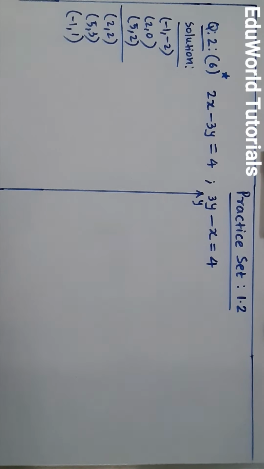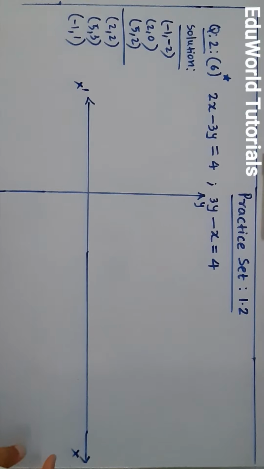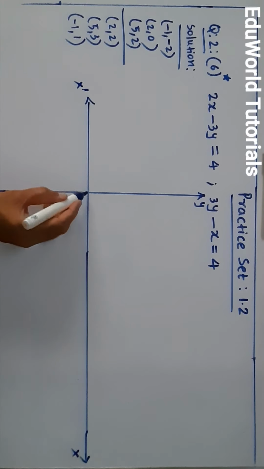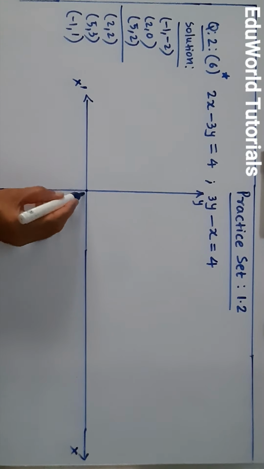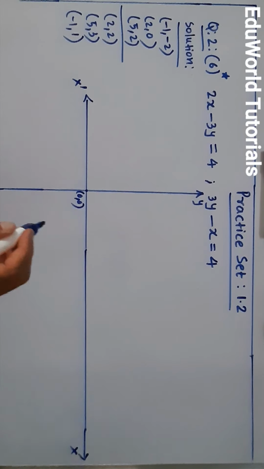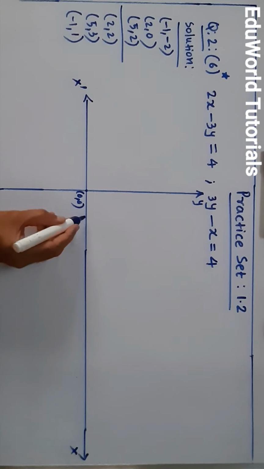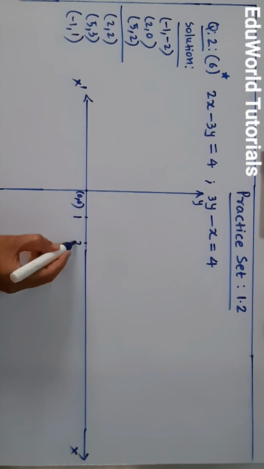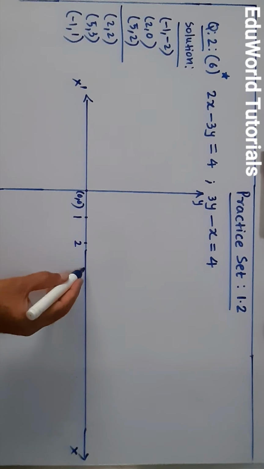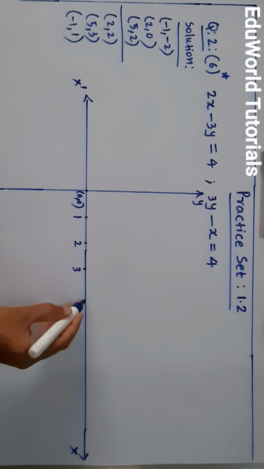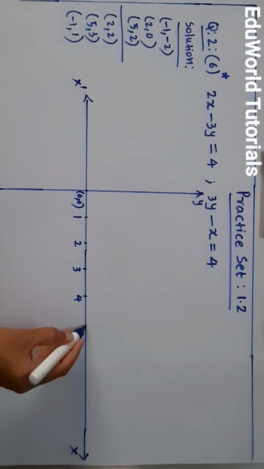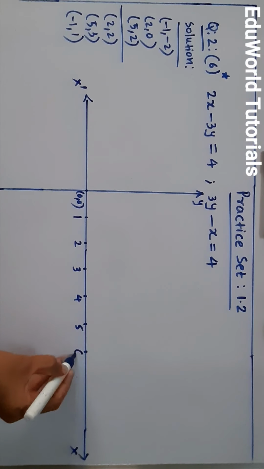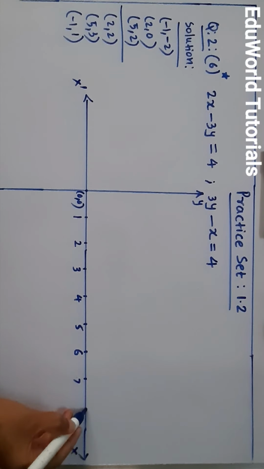This is the vertical axis, the y-axis, and this is the horizontal axis called the x-axis. The point of intersection of both the axes is denoted as 0, 0, which is called the origin. This is the positive direction of the x-axis. I will put the numbers at uniform distance. On centimeter graph paper, you write the numbers at a distance of 1 centimeter: 1, 2, 3, 4, 5, 6, 7, 8, 9.